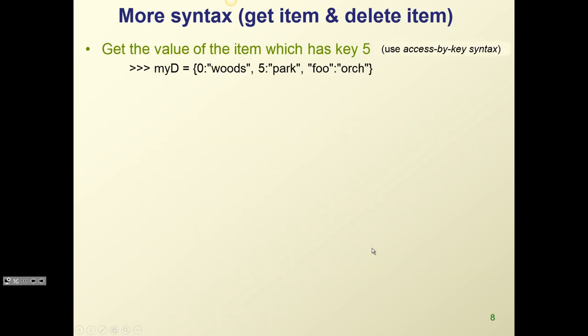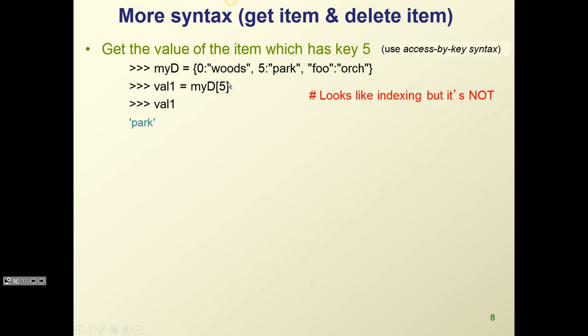To get the value of the item which has key 5, it looks a lot like indexing, though it's not. You would say MyD of 5, and that would give you the value park. Instead of using an index inside of the square braces, you use the key.